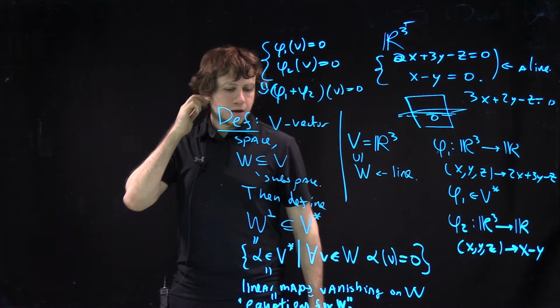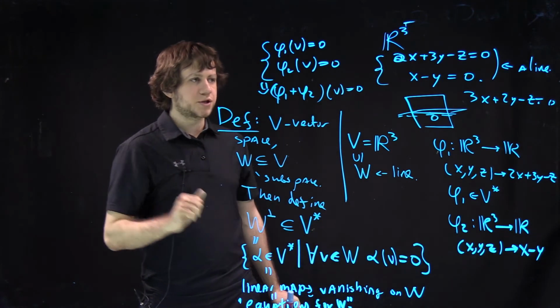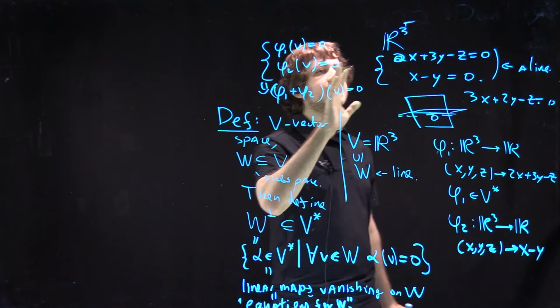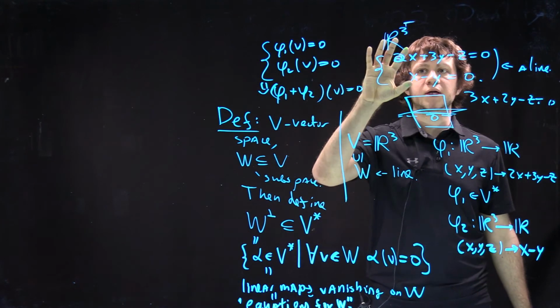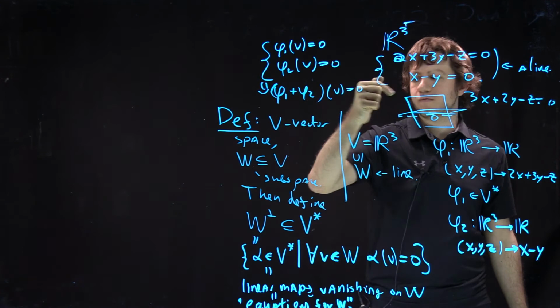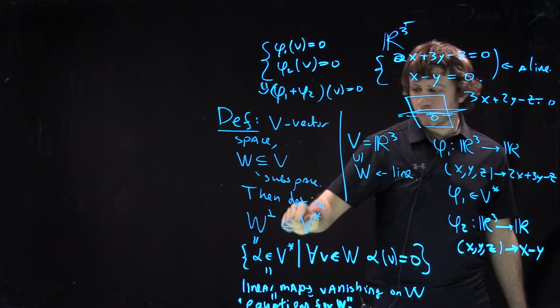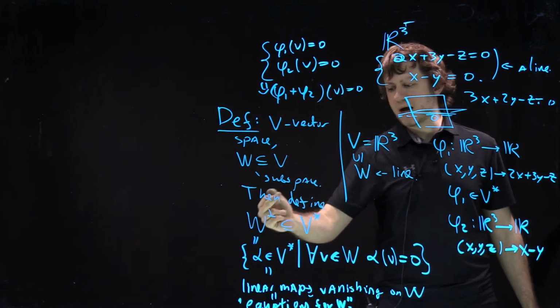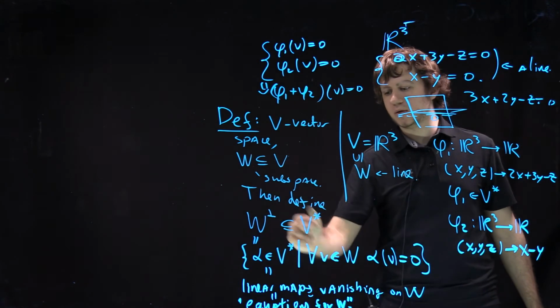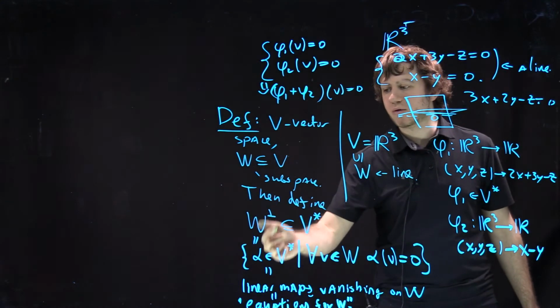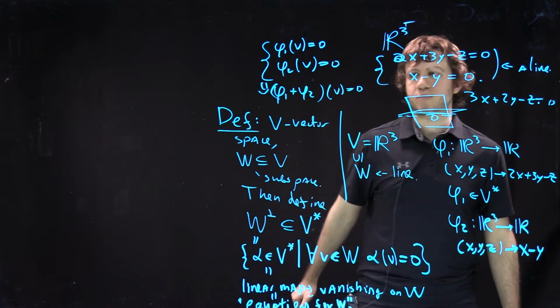And this is very, very important. So basically this explains to us that if you have a system of equations, you can think of it as a bunch of elements of this dual space, and you are trying to find the orthogonal complement to it. So you're trying to recover W by this W perp.